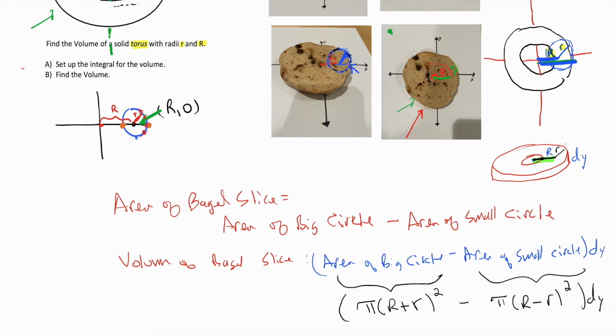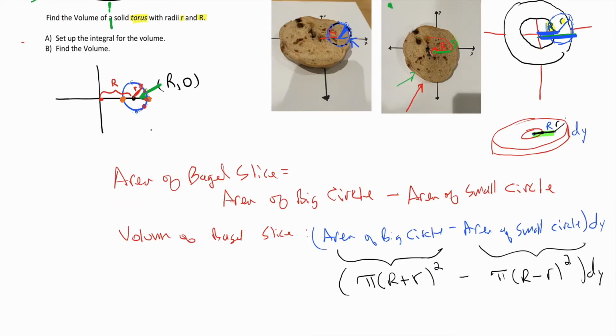Those coordinates are changing with us, increasing or decreasing the distance as we go up to the top. So our little volumes that we're taking along the way represent that change. So we need two equations of a circle. One circle will represent the hole, and the other circle will represent the outer rim. We'll get the area of the outer one, subtract the area of the smaller one, and we're in business.